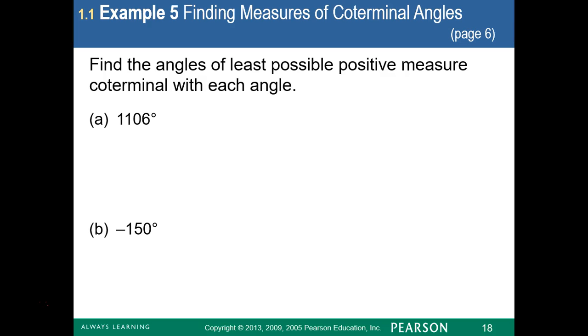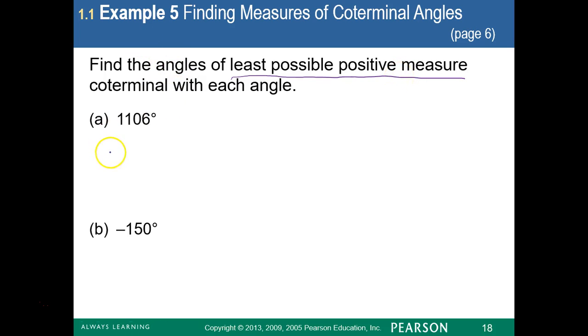This is asking us to find the angles of least possible positive measure coterminal with each of these given angles, A and B. For the 1106 degree measurement, what it means by least possible positive measure is that the angle you want, coterminal to each of these given angles, is going to be something between 0 and 360.